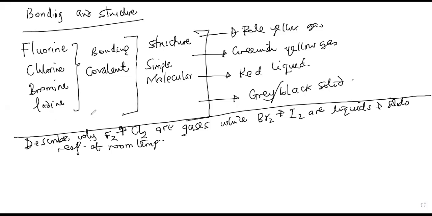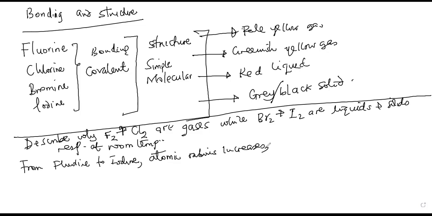So we can say that from fluorine to iodine, atomic radius increases. When the atomic radius increases, it means that the molecular size and the molecular mass also increases.